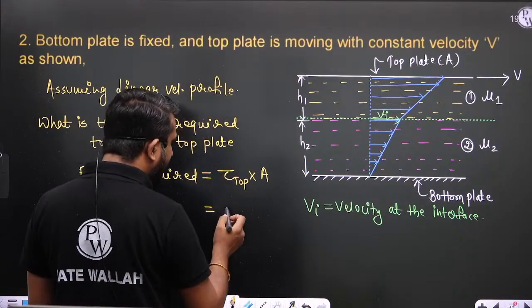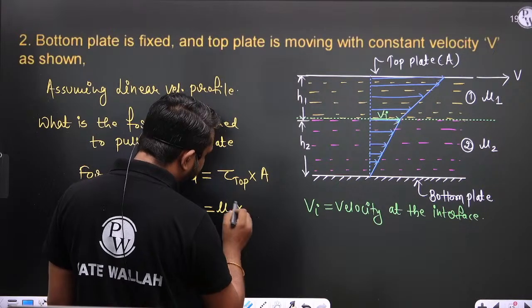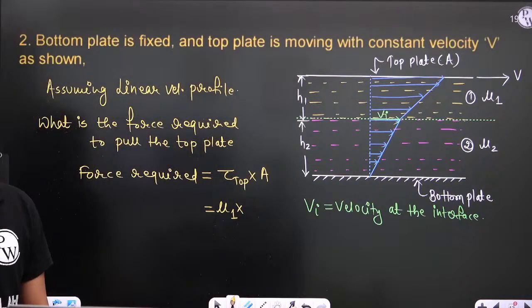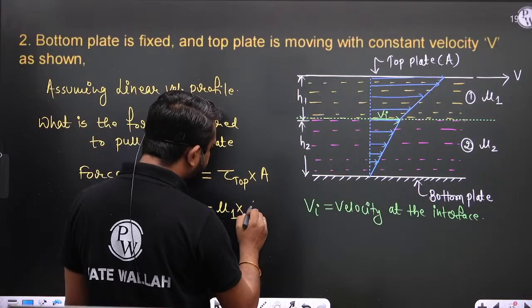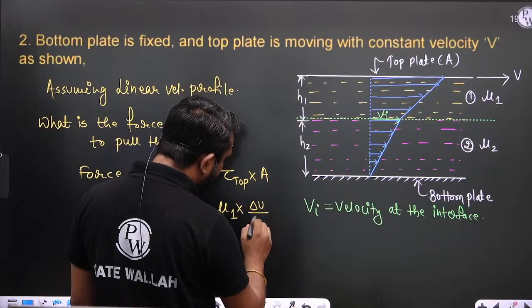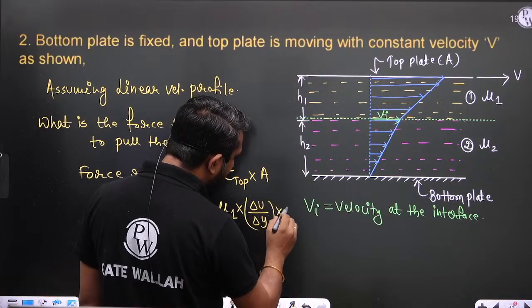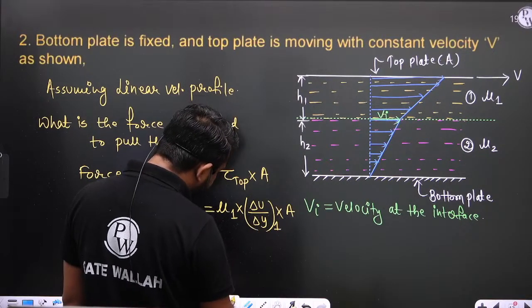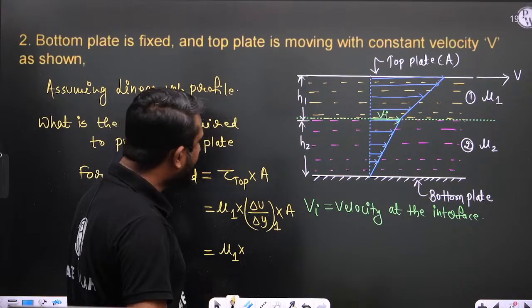So we can write mu1 multiplied by delta u by delta y in fluid number 1, multiplied by area, and this is equal to mu1 multiplied by, now what is the delta u?